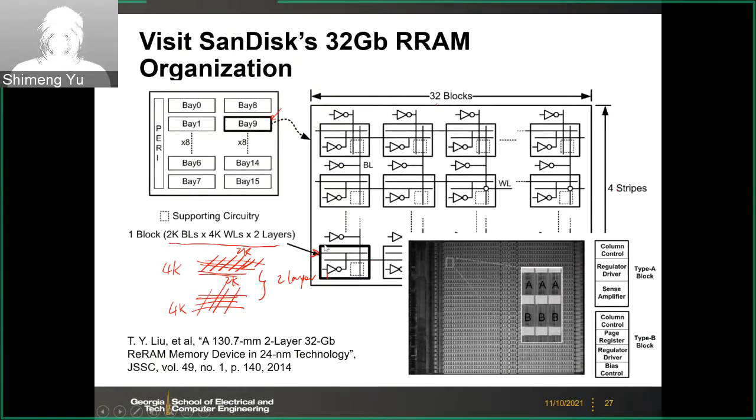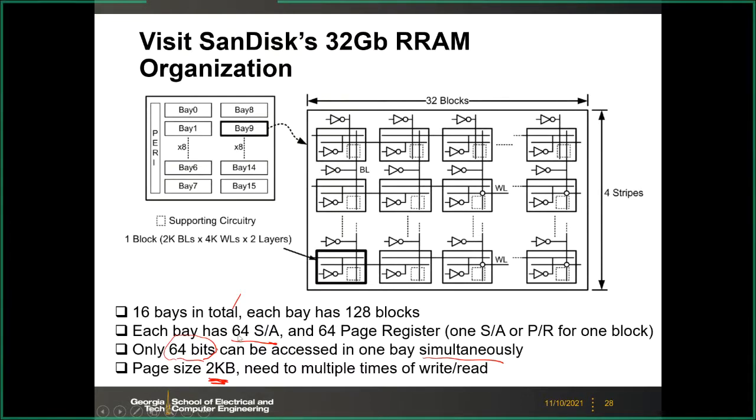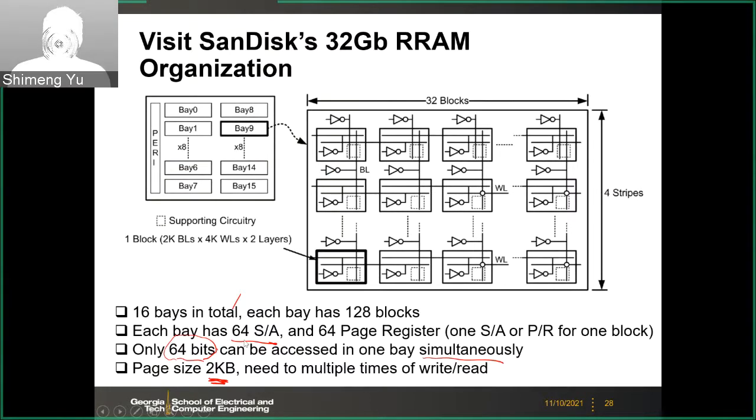And then within the bay or bank, we have the blocks. And one block is like 2K BL times 4K WLs and two layers. And then in one bay, although we have like 128 blocks, the whole bay only has 64 sense amplifiers.